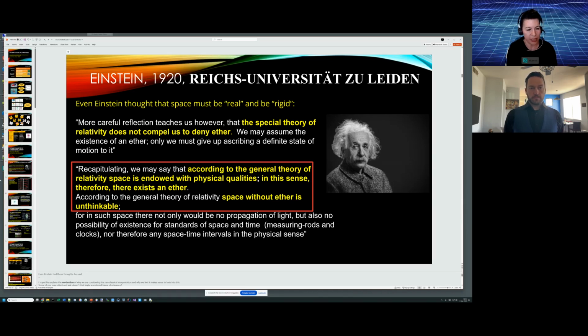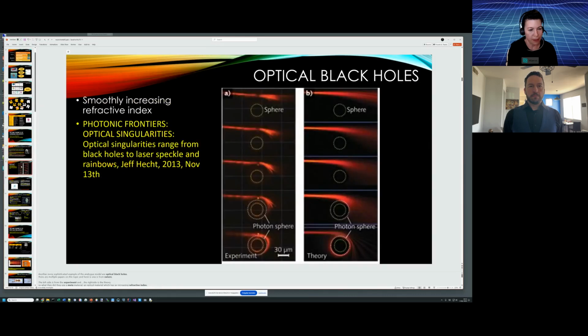And what I find also interesting is, let me just go to the next slide. People actually use Einstein's field equations in optics. There's the notion of an optical black hole. What this is, and there's a bunch of papers on this, is you have an optical medium, like glass, and you have a varying refractive index.